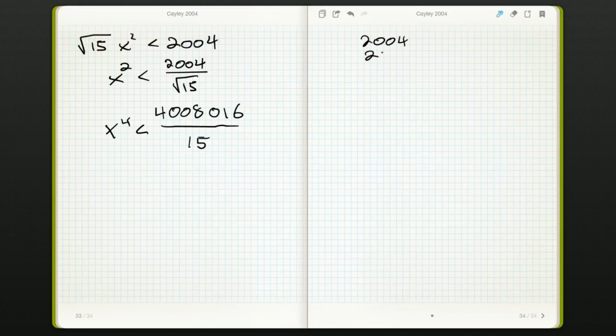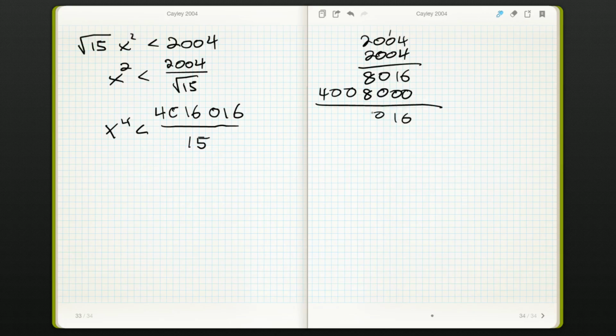Just double check really quickly. 6108, and then 0, 0, 0, 8. So I did make a mistake. It should be a 16 here. And then 0, 0, 4, 16, 0, 16, 0, 4. Okay.